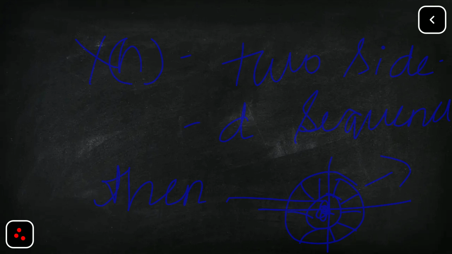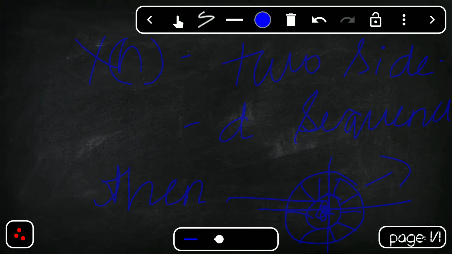And the last property is, if your x of n is rational, that is, if the z transform x of z of x of n is rational, then the ROC is bounded by poles.